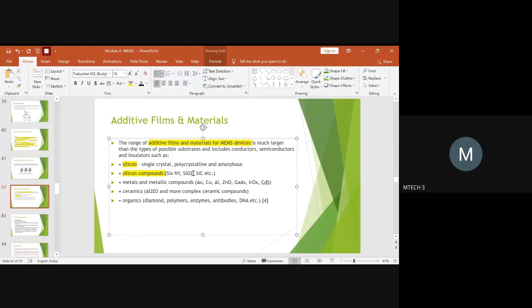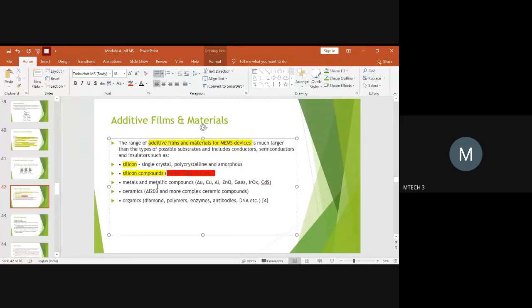So these are the available adhesive materials. In that, the most commonly used is silicon oxide, SiO2. This is silicon carbide, right? But the most commonly used is SiO2. So these are the additive layers or additive films which are developed for the silicon substrate.